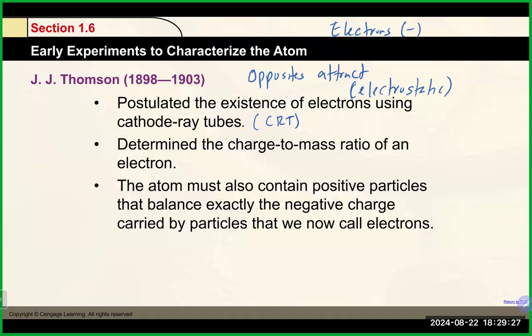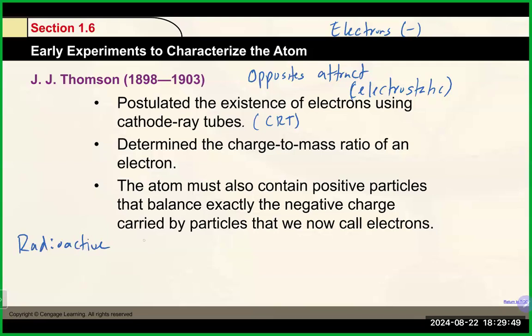The advantage of a lot of these experiments, outside perhaps the CRT tube, is that a lot of times they will use radioactive particles to explore the atom and try to figure out what's going on.